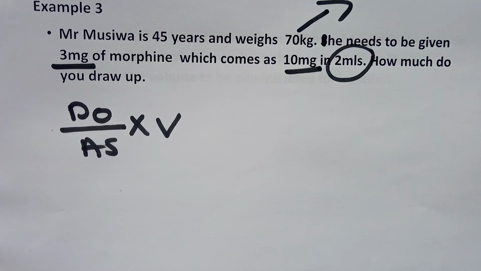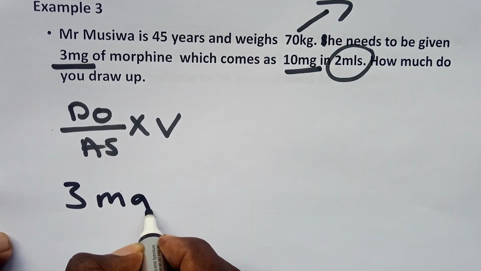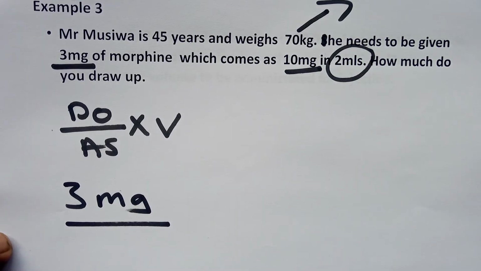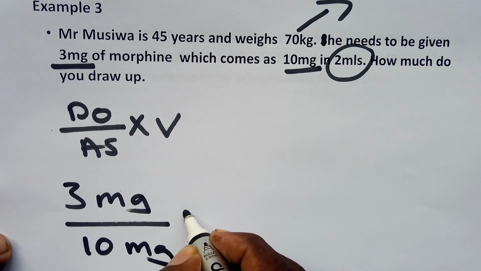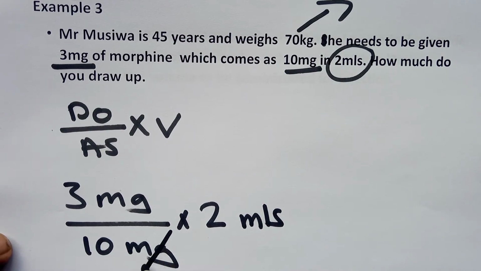So what's our doctor's order? Doctor's order, as usual, is 3 milligrams. So we write down here 3 milligrams. Then we are going to divide by the available stock. What's our available stock? It's 10 milligrams times 2 mils. Then the milligrams cancel out, because we are going to remain with mils here.